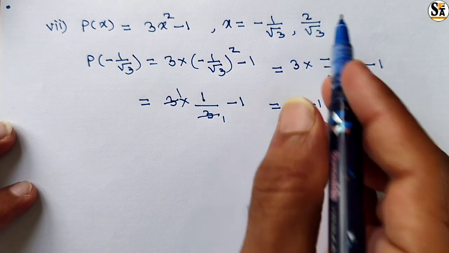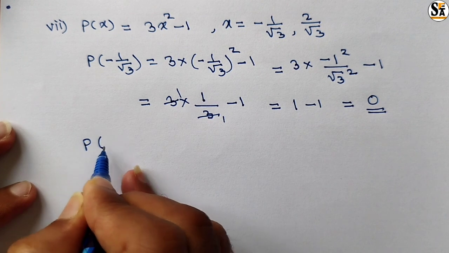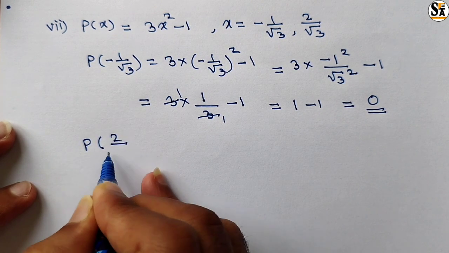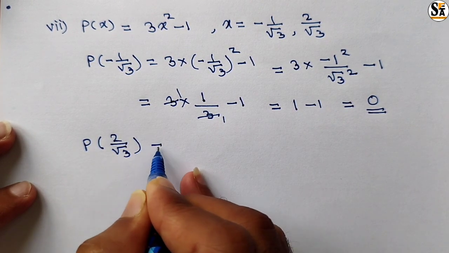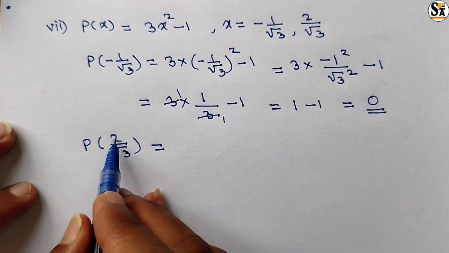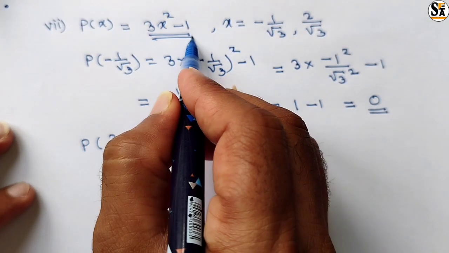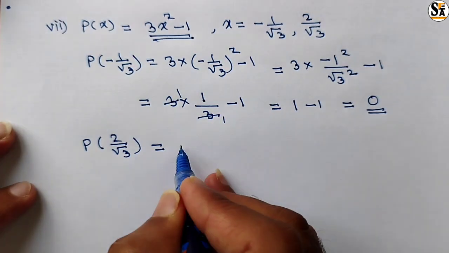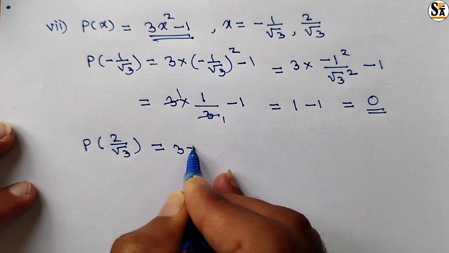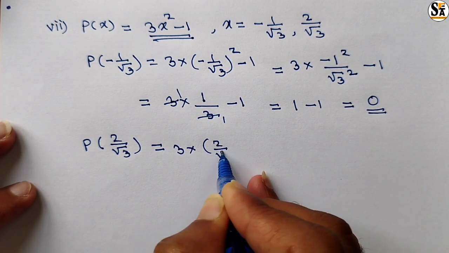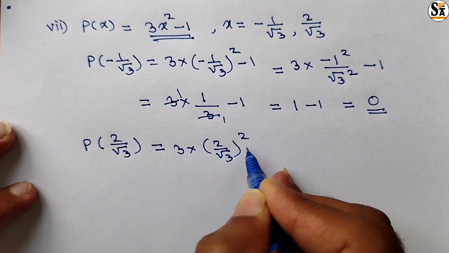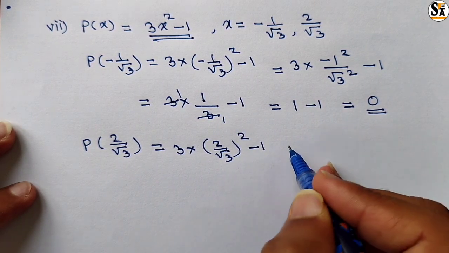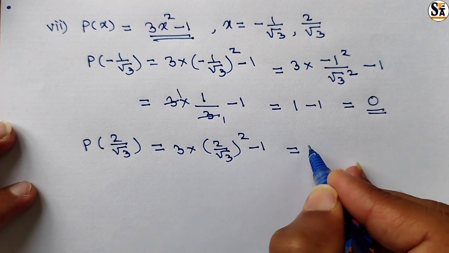Just verify p of 2 upon root 3. That will be equal to, put the value of x as 2 upon root 3 in this polynomial. So polynomial is 3x square, means 3 into 2 upon root 3 bracket square minus 1. If we solve this, 3 will be as it is.